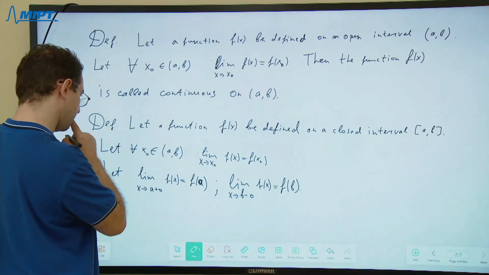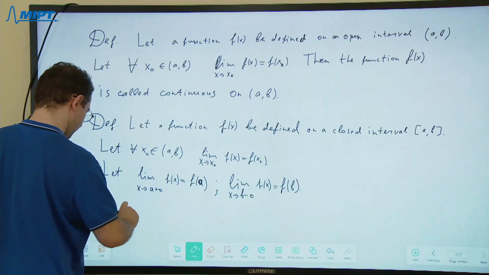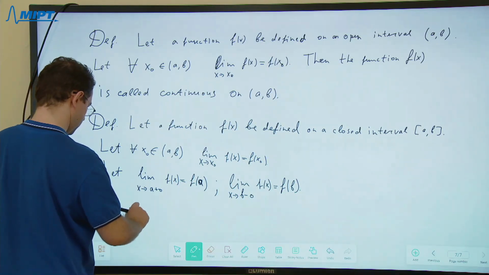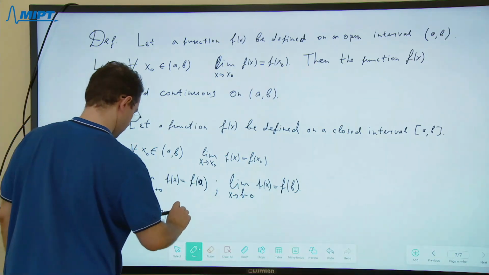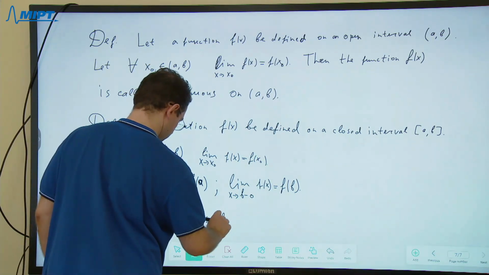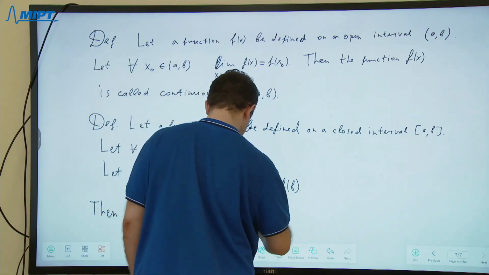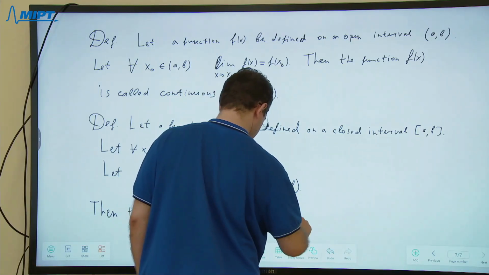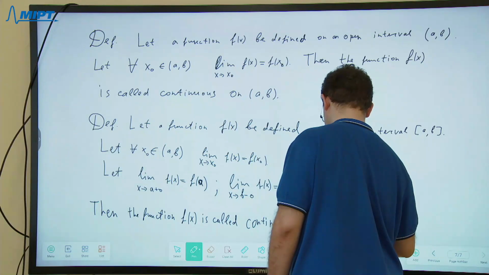Okay. Then the function f of x is called continuous on a closed interval.